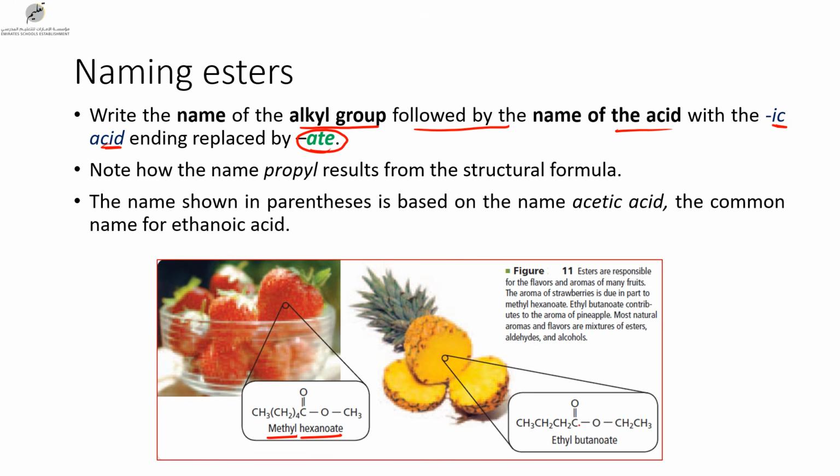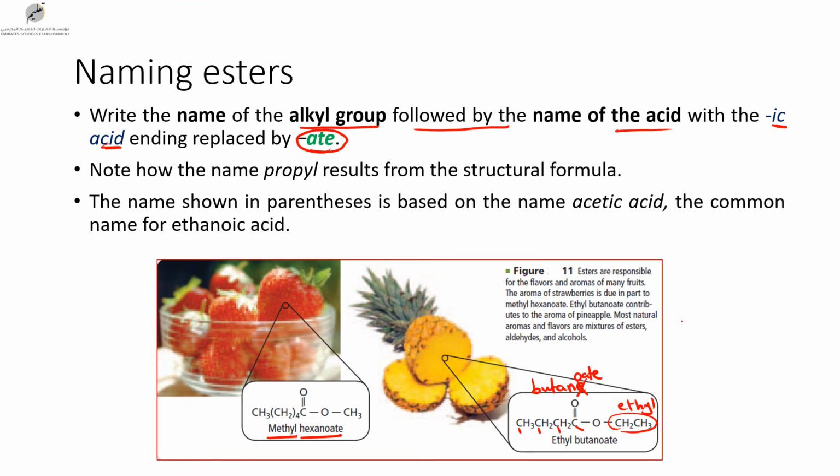Now look at this part here. This is ethyl, and this is 1, 2, 3, 4, right? So this should be butane. So just remove the E and put OATE.